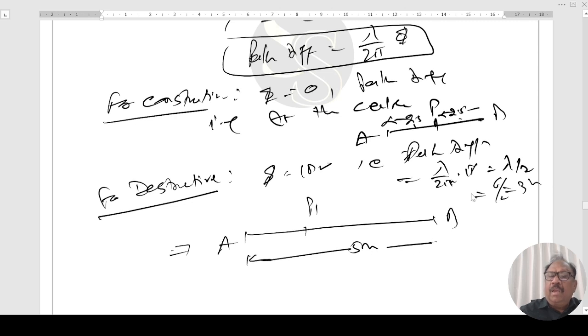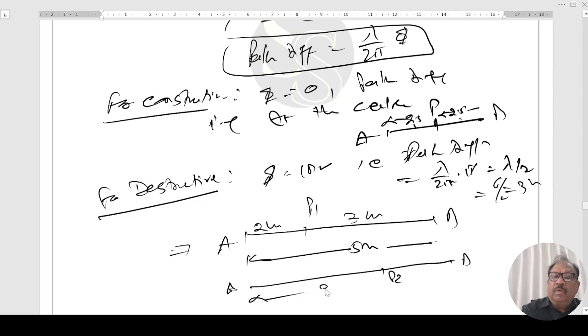So this is lambda by 2 is 3 meter. If 3 meter, then this is 2 meter. One of the possibilities, this is A, this is B, this is P2. This is 3 meter, this is 2 meter.